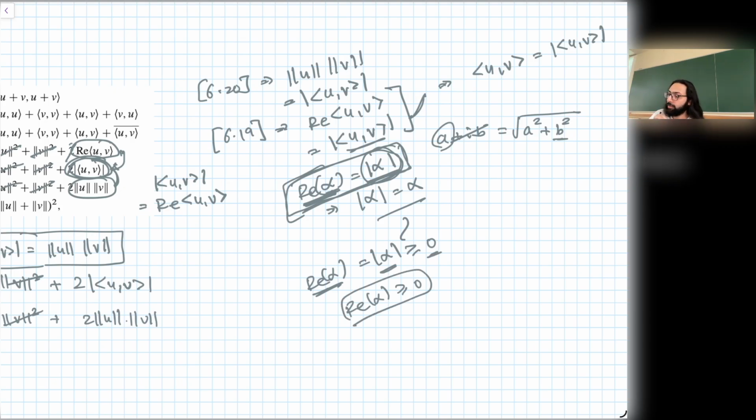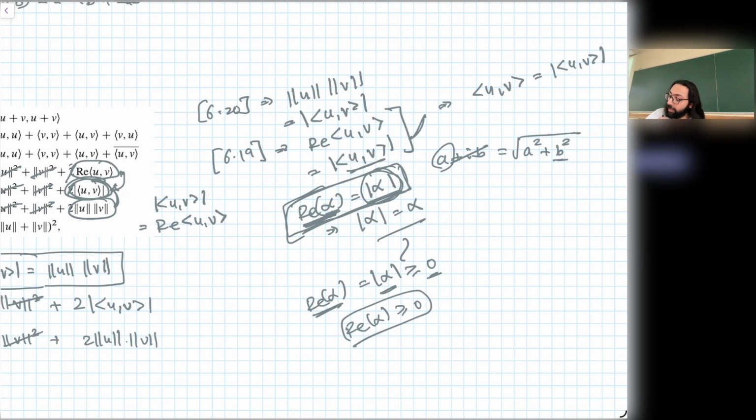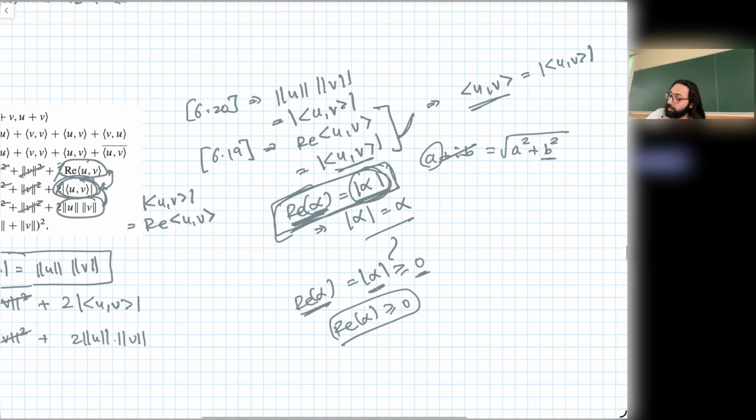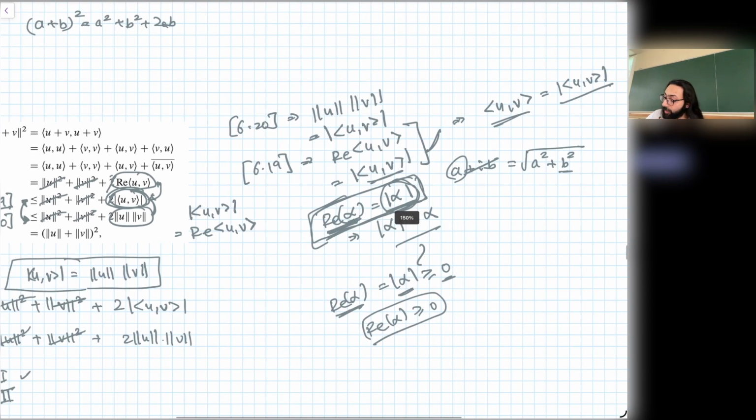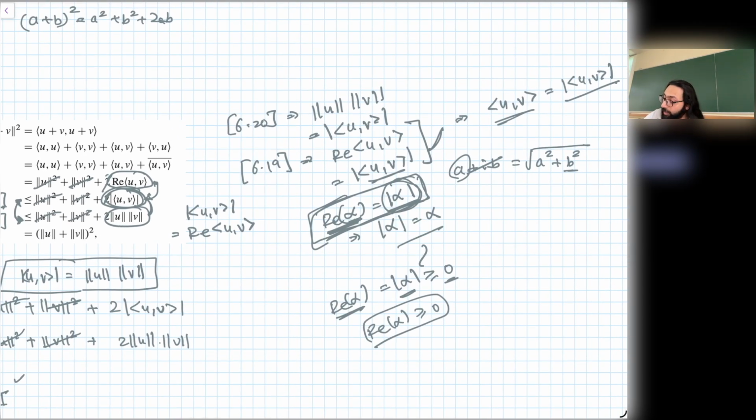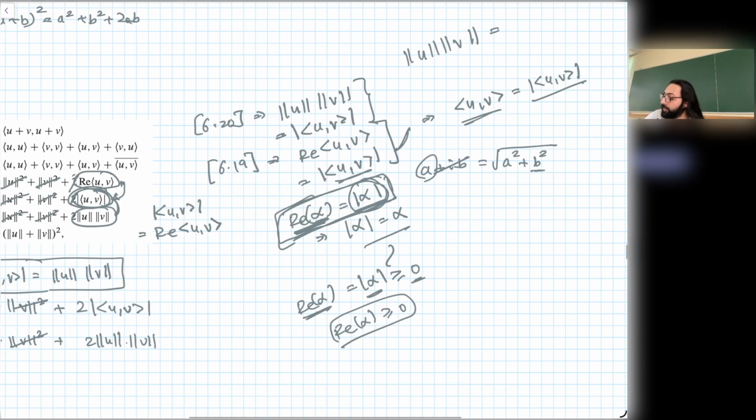Okay. Is that okay? All right. So finally, what we're getting is that the inner product of uv is the same as the norm of the inner product of uv. Okay. Is that okay? Just from all these elements. Okay. And from 6.20, we already had the fact that the norm of v is equal to the absolute value, but we just argued that the absolute value can be removed.